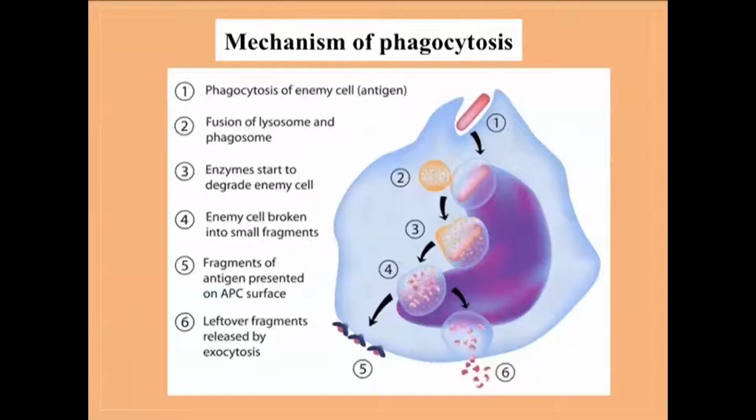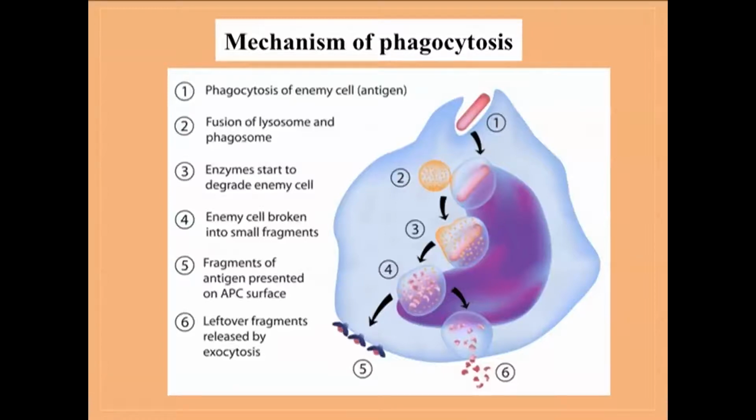Now how does phagocytosis take place? As soon as an organism or a molecule binds to a specific receptor present on the neutrophil or macrophage, it is ingested, and as it moves inside the cell, the H+ ion concentration increases inside the vesicle. It is called a phagosome. That increased H+ ion concentration tries to denature the organism.